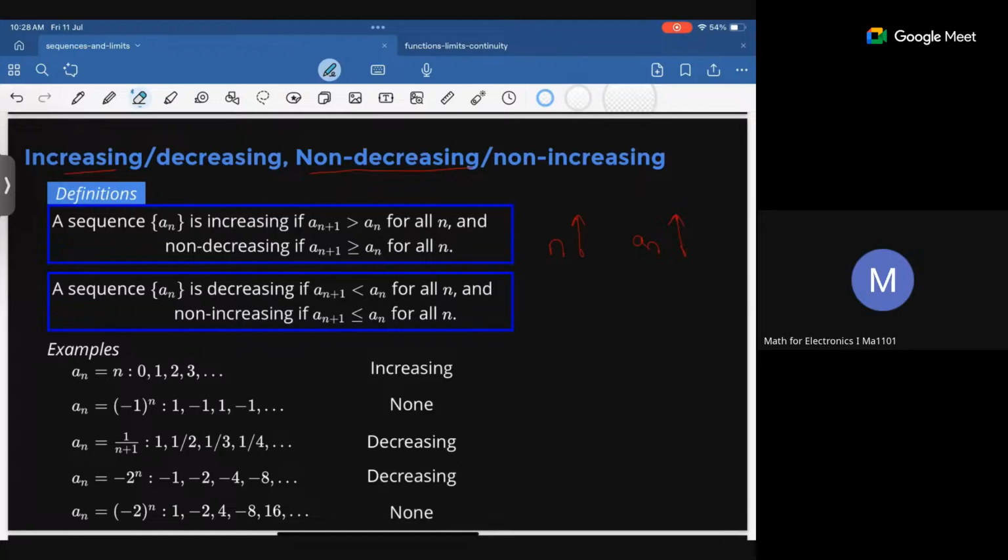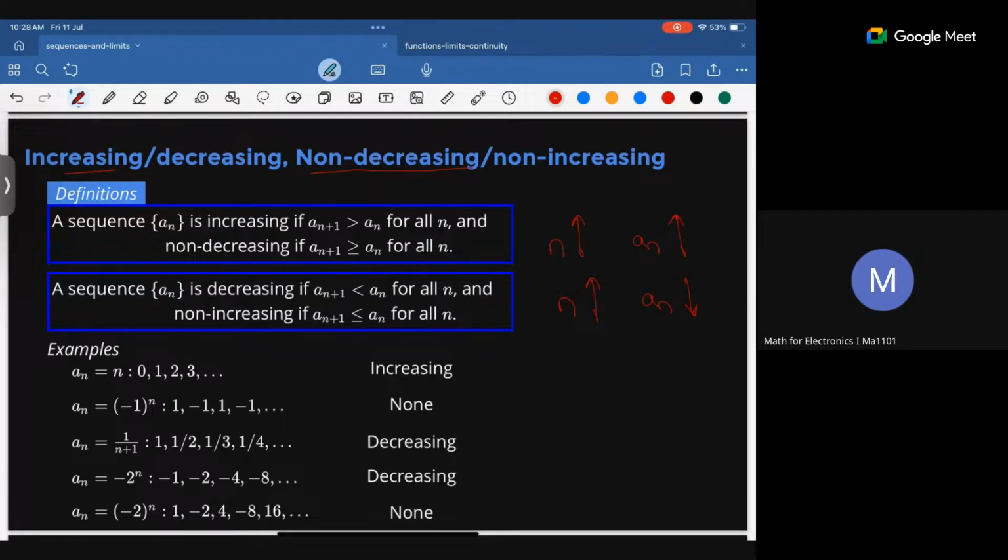So if you understand increasing, don't bother about non-decreasing. Okay, so now what is decreasing? How does the decreasing sequence look? As n increases, my term value should decrease. Right, so an should decrease. So that means if I look at the sequence, the next term in the sequence should be lesser than the current term.